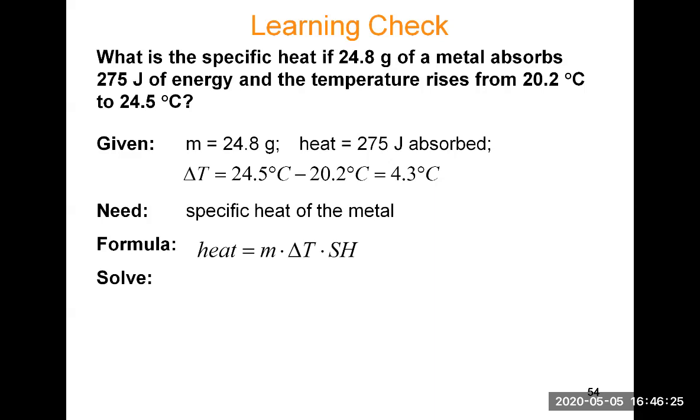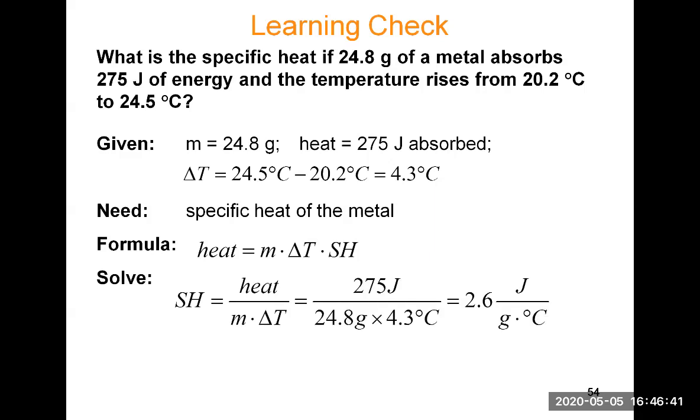But here we have the heat, we have the mass, and we have the delta T, and we are looking for SH, the specific heat. So you will use the formula by dividing both sides by M delta T and get that form of the formula: heat over M delta T equals the specific heat.